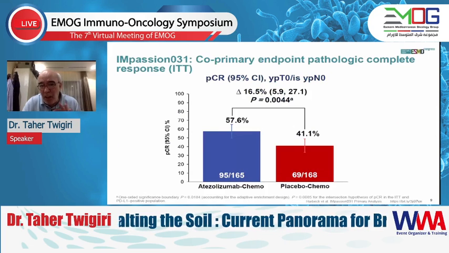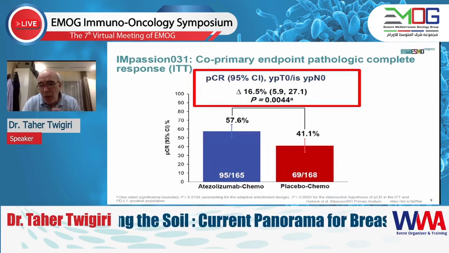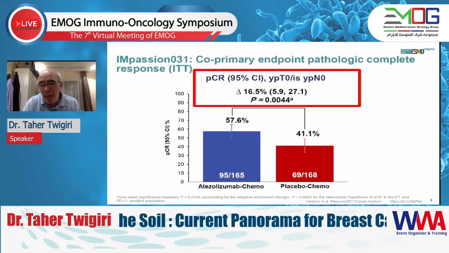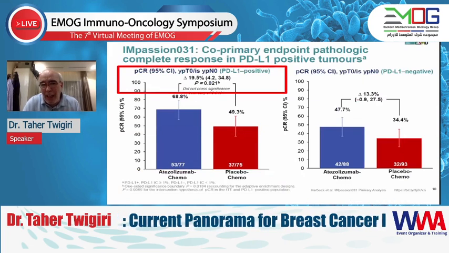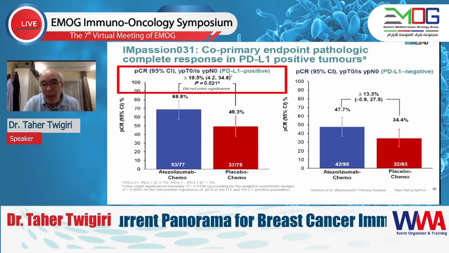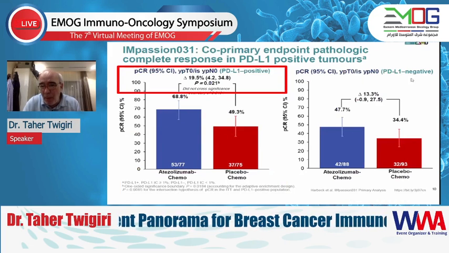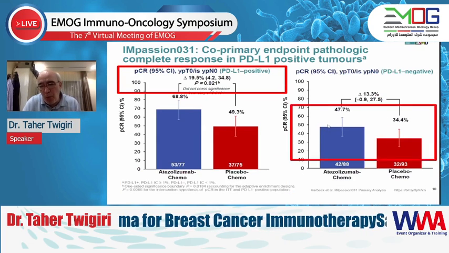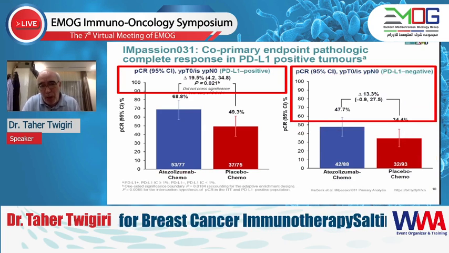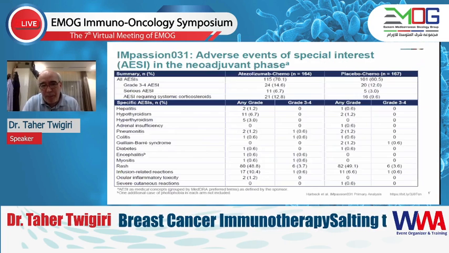Now, as you can see here, it is very clear, guys, that the difference is 16.5 between giving Atezo versus non-Atezo. Again, this is for the PD-L1 positive; but look at the PD-L1 negative. There is not much difference between the two, it is about 13.3, but I consider this one is not high.